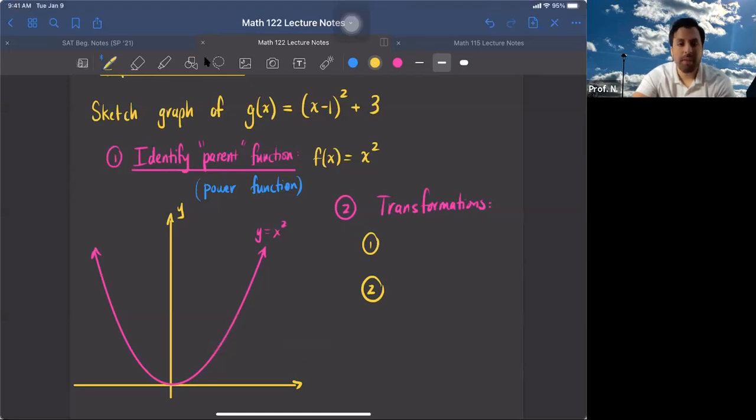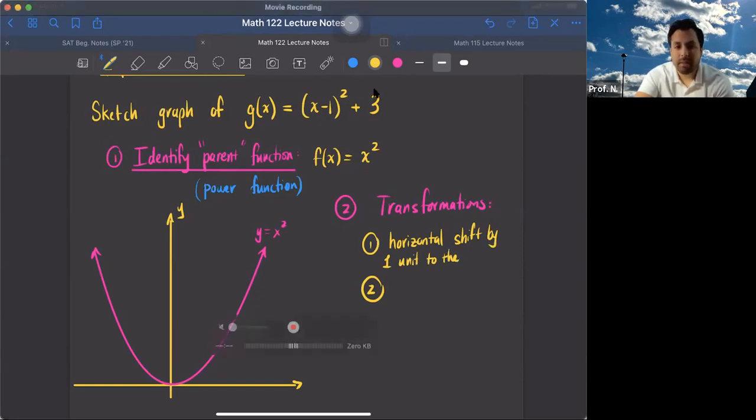So it's a vertical shift of 3. That's right. And what other shift is there? A horizontal shift of 1. And if we shift it by 1, are we moving left or right? Let's start with the horizontal shift first, because we always want to start with the x values first.